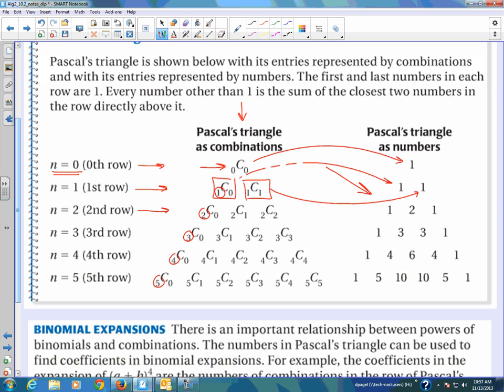The second number in the combination, the r value, not that guy, the second number I should say, tells you what diagonal you're in. So the diagonals run this way. That's diagonal 0, that's diagonal 1, diagonal 2, diagonal 3, diagonal 4, and so on.